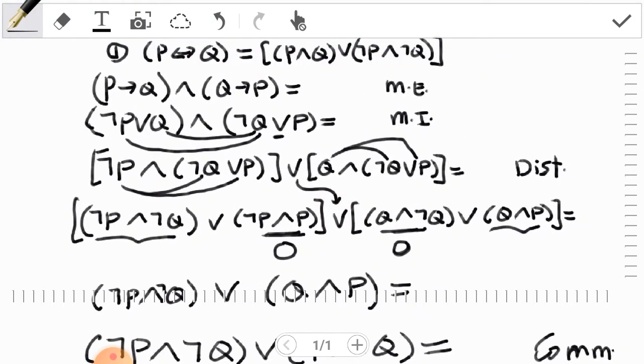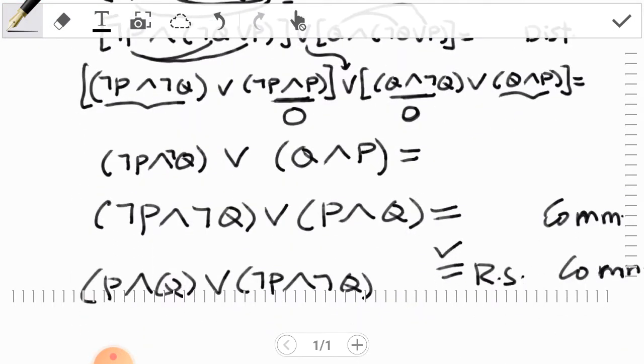Okay? Exactly equal now to the right side. So we have proven number one using two solutions. We have the truth table approach, which is given in your handouts, and we have our rules of replacement approach.